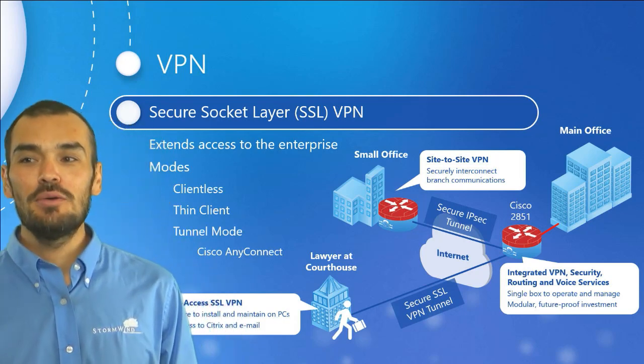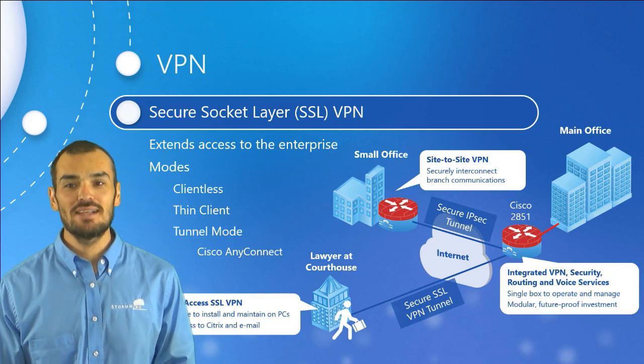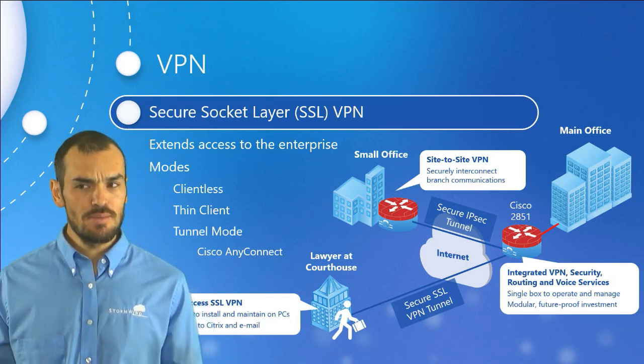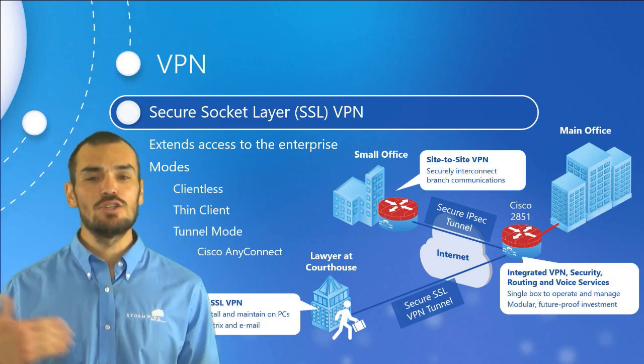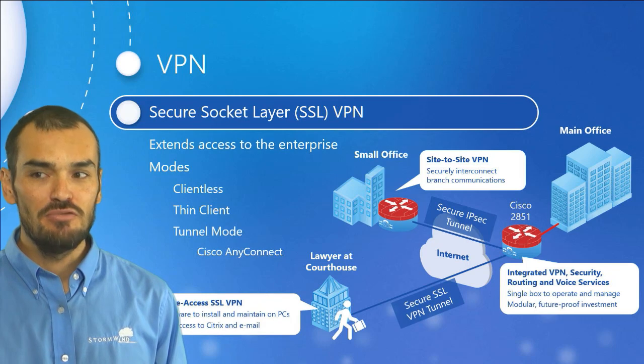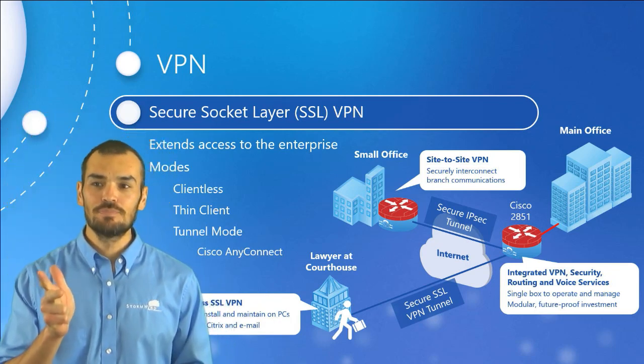Now, Cisco IOS Secure Socket Layer VPN provides SSL VPN remote access connectivity using only a web browser. This is intended to simplify deployment of extended access to the enterprise network, and it basically provides 3 modes of VPN access: clientless, thin client, and tunnel mode.